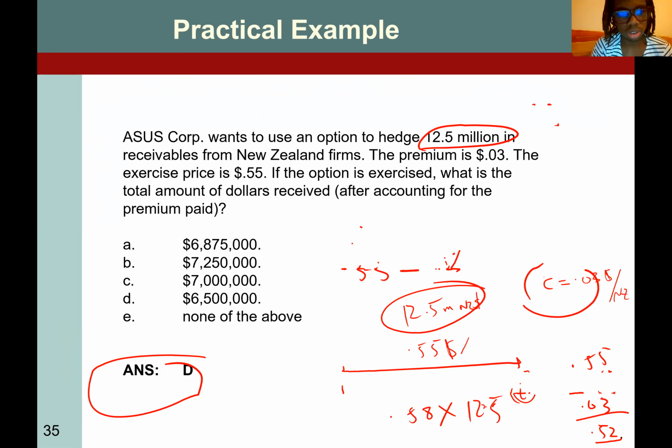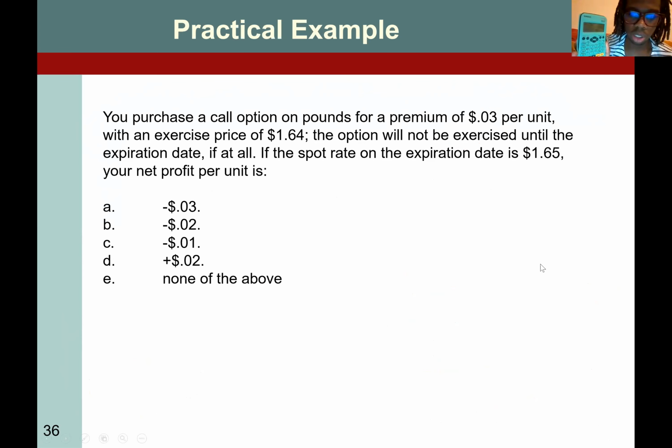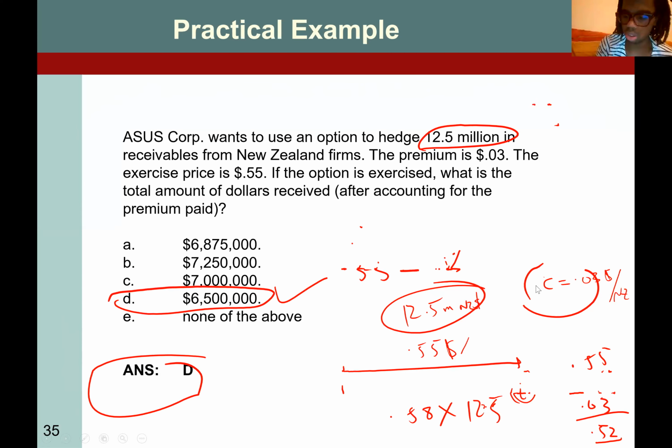So how much do you receive? Simple. 0.52 multiplied by 12.5 million. So it's like 0.55 minus 0.03, not 0.02.